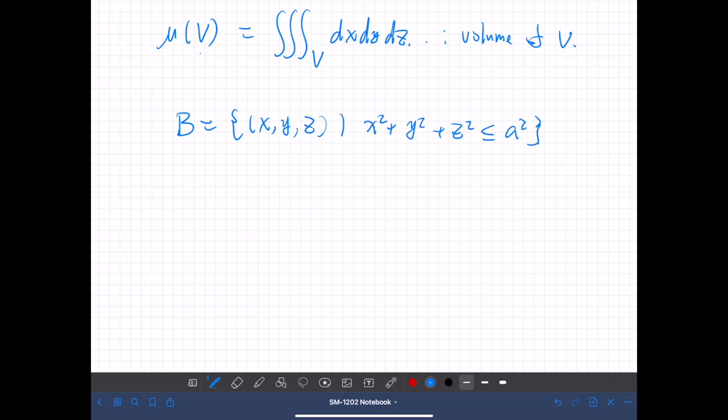So this is the sphere with radius a centered at the origin. But before executing the triple integral on this region, it is convenient if we know the spherical coordinates. Okay, so let's define that.